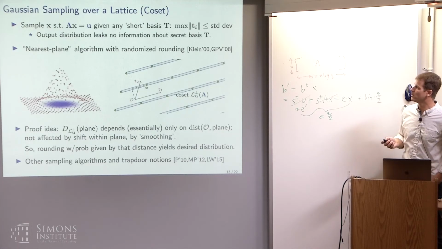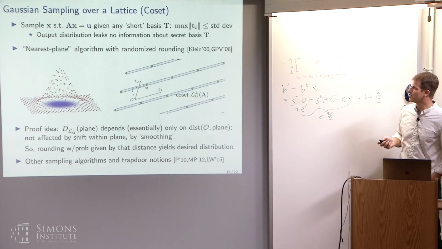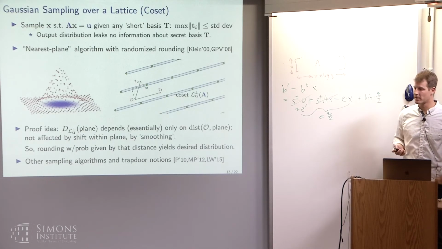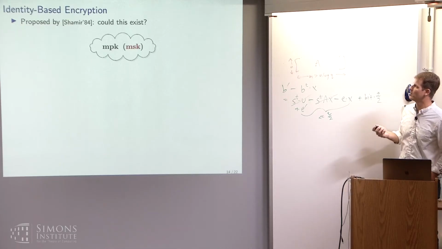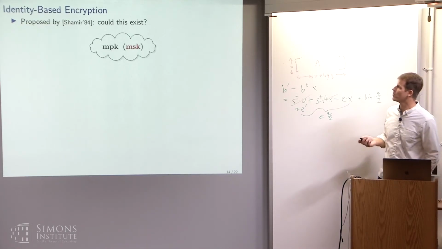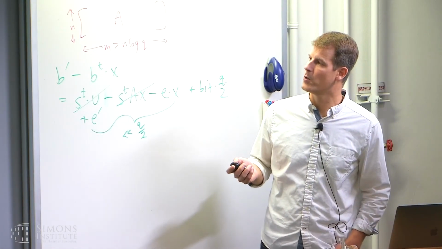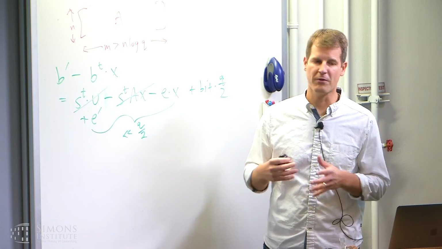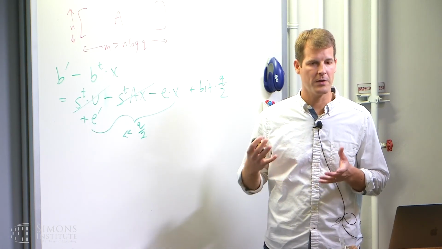But it turns out that there's a lot more that we can get from this technique, this oblivious Gaussian sampling. And one thing that we can get, to give away the punchline a little bit, is something called identity-based encryption. This was a concept proposed by Shamir in 1984, who identified the issue that when you do public key encryption, you have to get the receiver's public key.